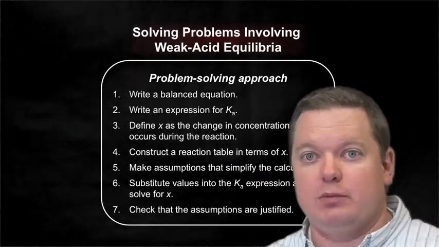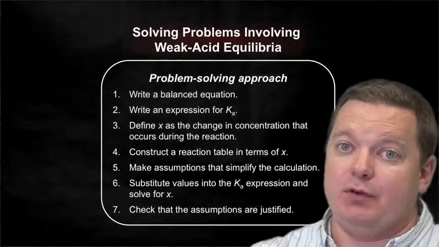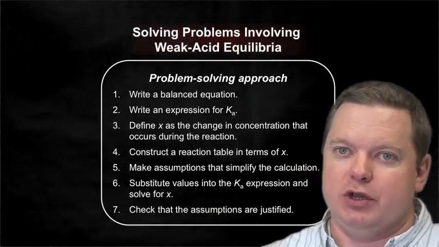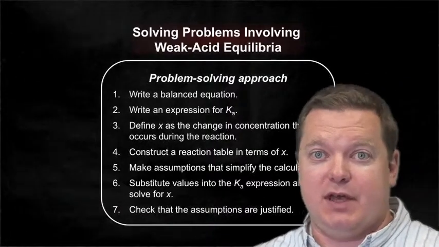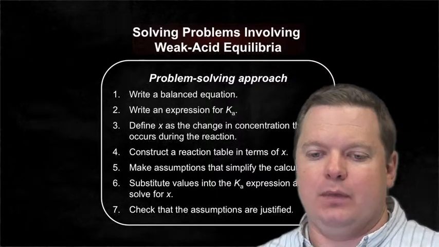Then the assumption should work. If we make the assumption, remember we have to write down that we're making the assumption and then go back and check that the value we solve for x is less than 5% of our initial value. Same rules applied as when we first introduced it.